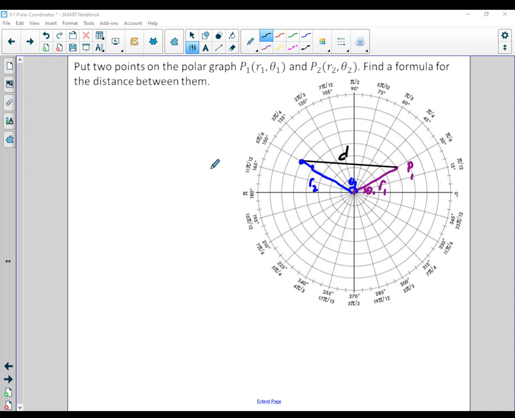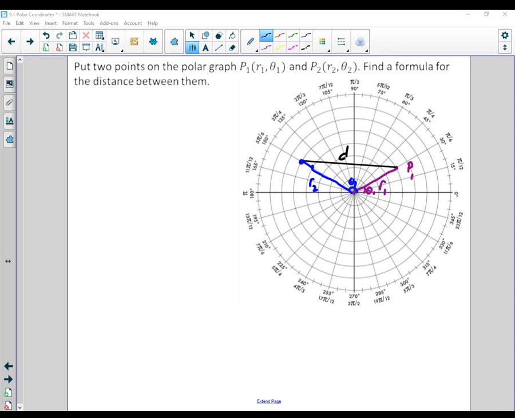What were those? Law of cosines, and then the other one. Law of sines and law of cosines, right? Those 2 things we can use on triangles that are not right triangles. And that's exactly how we're going to find this distance.